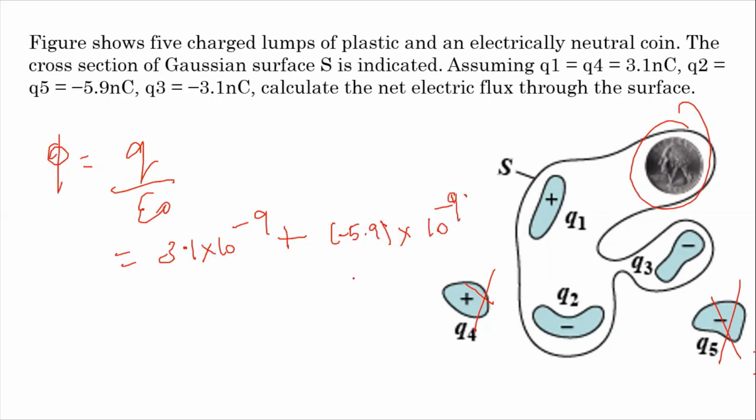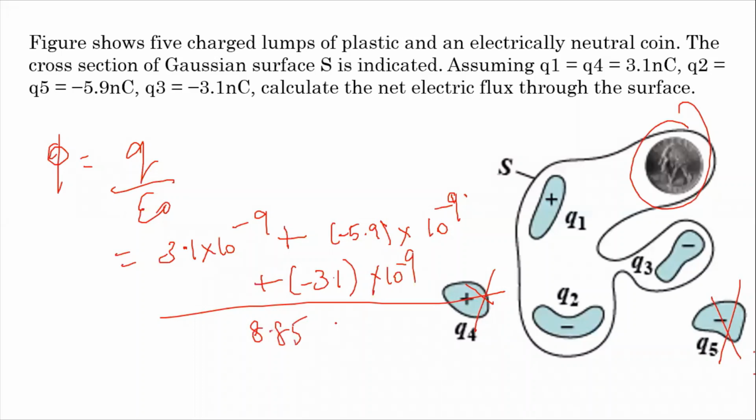Then again plus Q3, which is minus 3.1 nanocoulomb, so minus 3.1 into 10 power minus 9, divided by 8.85 into 10 power minus 12.